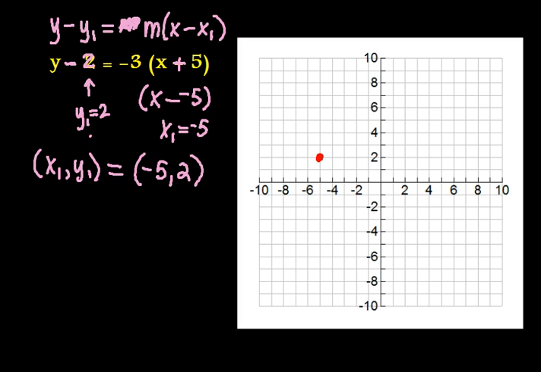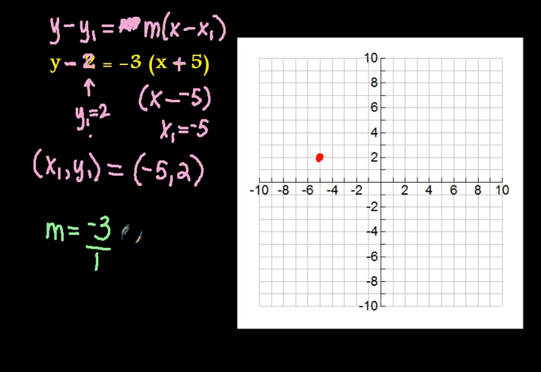Then, just like when I use slope-intercept form, I'm going to take my slope and use that to find the other points on the line. So here my slope is negative 3. Now, the first thing to remember about negative 3 is that if we write it in fractional form, it's negative 3 over 1.